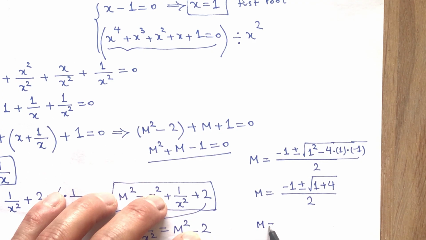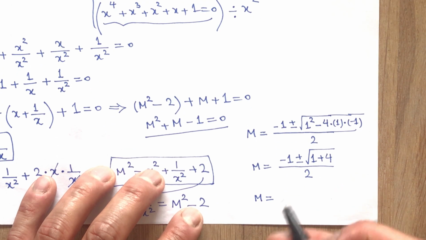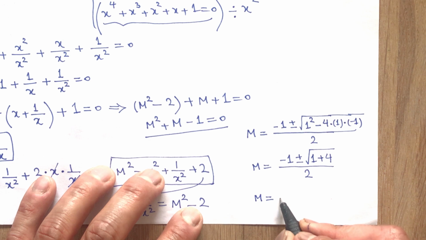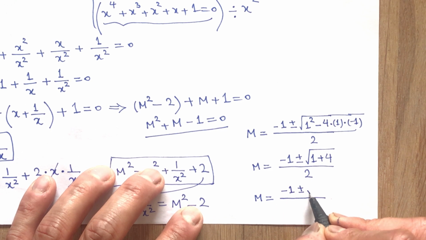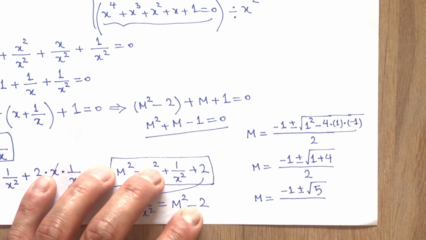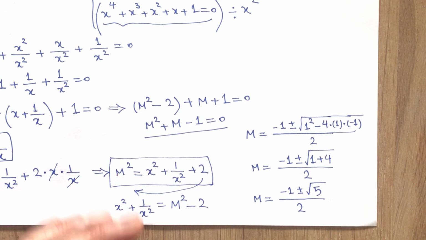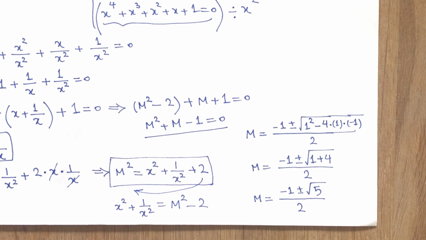So I have 2 roots for m here, 2 solutions for m. Minus 1 plus minus square root of 5 over 2. So I have 2 solutions for m, and for each of these m, I can write the rest of the problem and find the x and the roots of the value of x for those values.